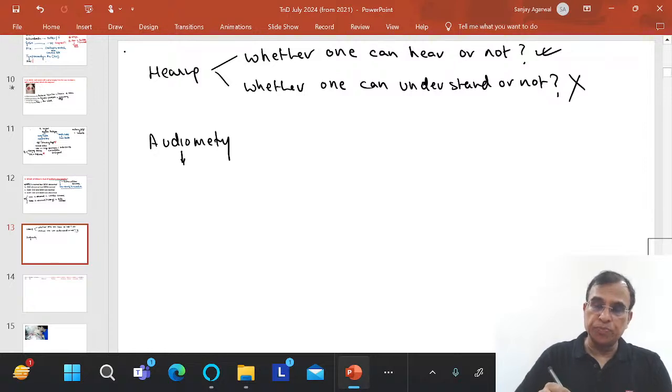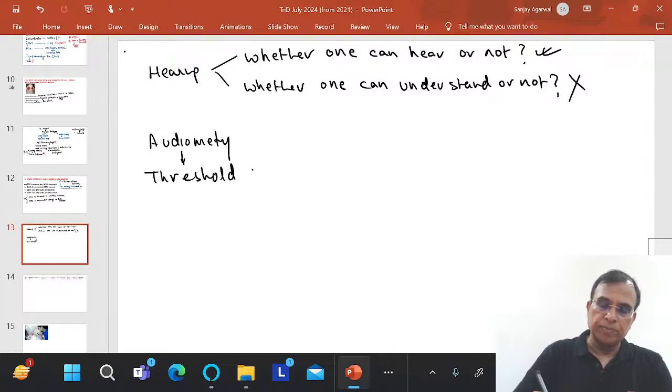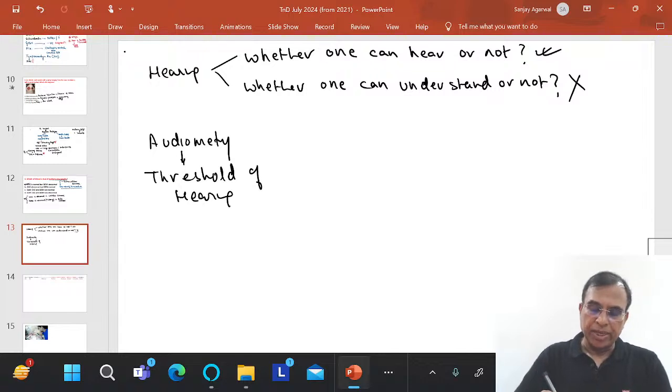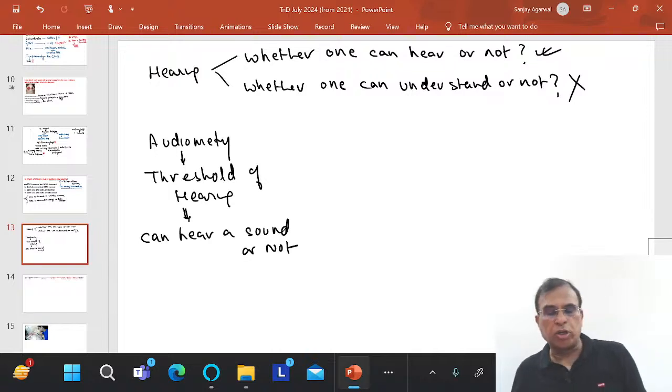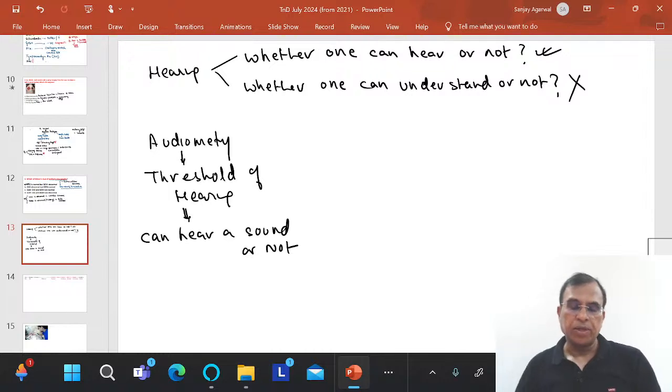Now, audiometry only tells you the threshold of hearing. This is the information it gives you: whether the patient can hear a sound or not. This is what audiometry says, right?